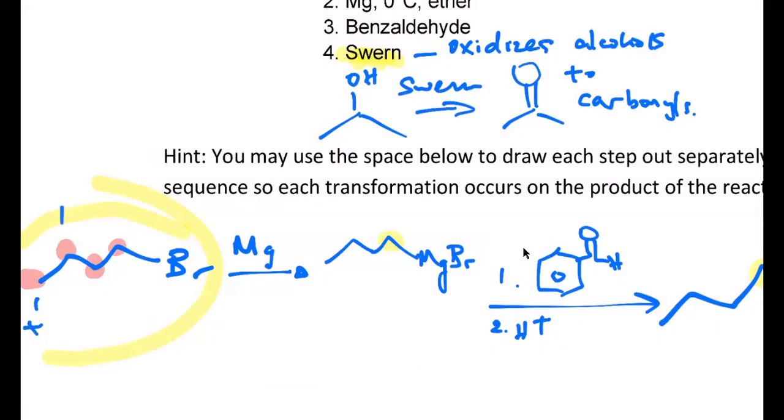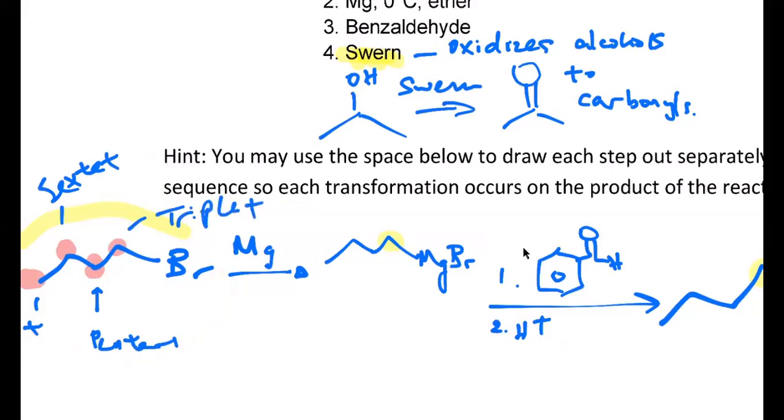This should be a pentet. And this should also be a, no, sorry, sextet. This should be a pentet. And then this should be a triplet. Where should that triplet be on the carbon that's closest to bromine?